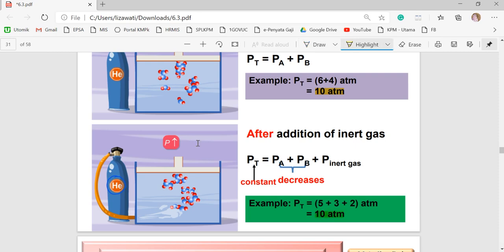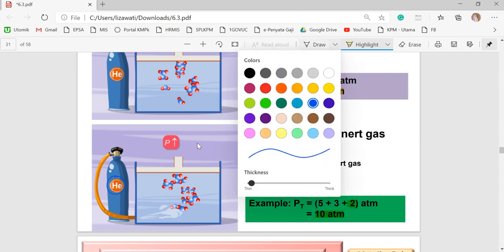Let's say the pressure of the inert gas is 2 atm. Therefore, the partial pressures of A and B will decrease in order to keep the total pressure at 10, constant.